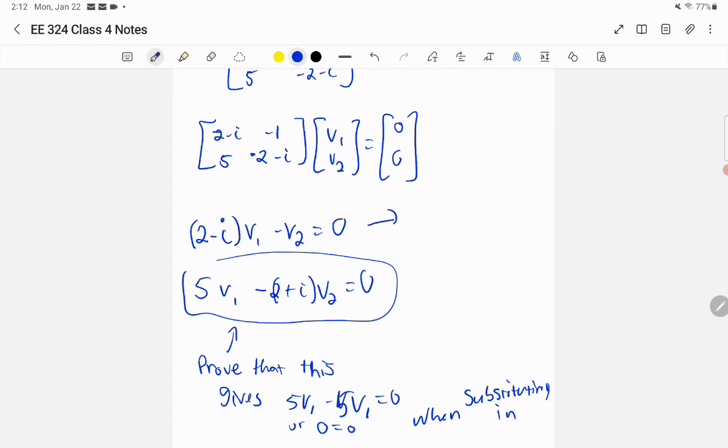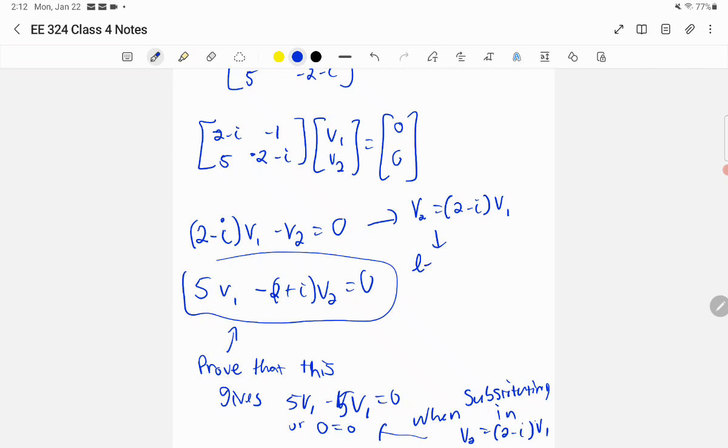So this one tells me that v2 is equal to 2 minus i times v1. I want you to actually multiply this out.